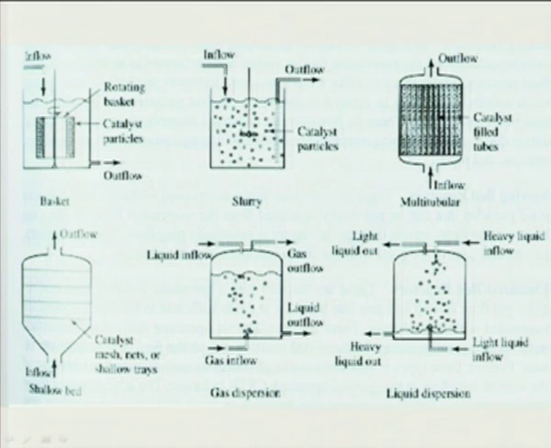There is a distributor down here which spreads the reactant almost uniformly over all the tubes, and the catalyst is packed in these tubes. So these are like multiple fixed bed units, with catalyst-filled tubes arranged in parallel, and heat-conducting fluid can flow outside these tubes. You can achieve good thermal control and uniformity of residence time distribution in these types of reactors.